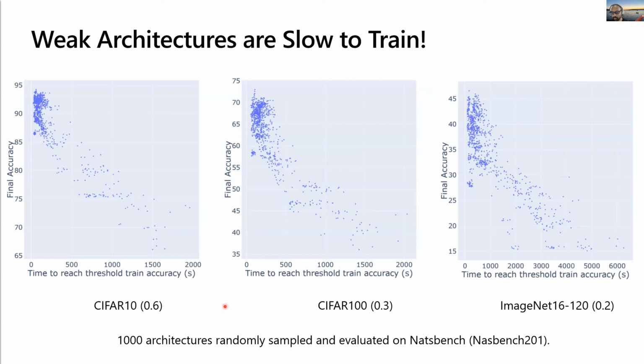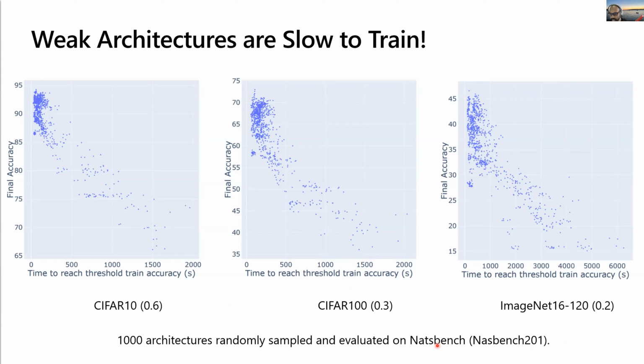What this particular process fundamentally exposes is also this following phenomenon, and this is empirically validated. What we did is we took 1,000 architectures, randomly sampled from NATS-Bench. NATS-Bench is nothing but the journal version of NATS-Bench 201, where they have improved the API a bit and added a size search space.